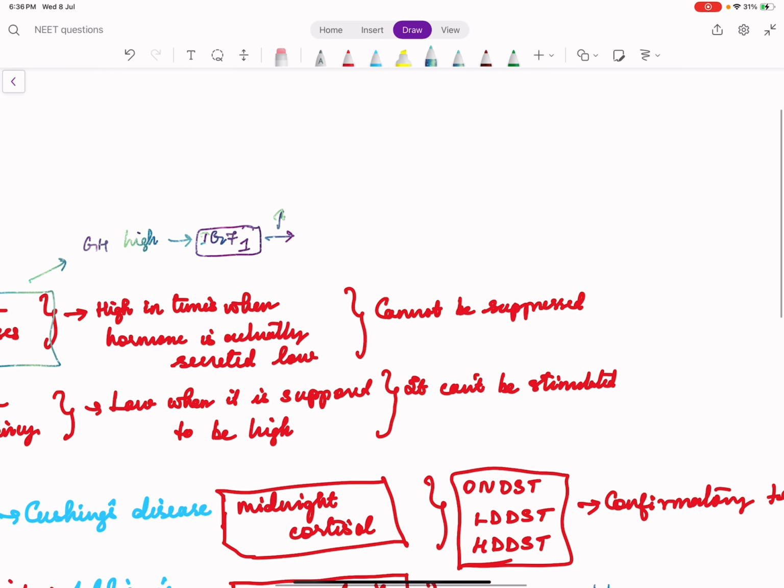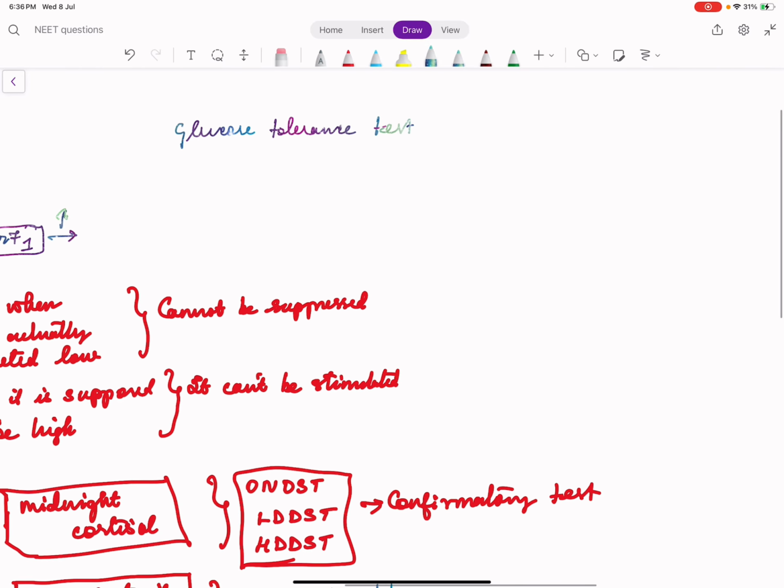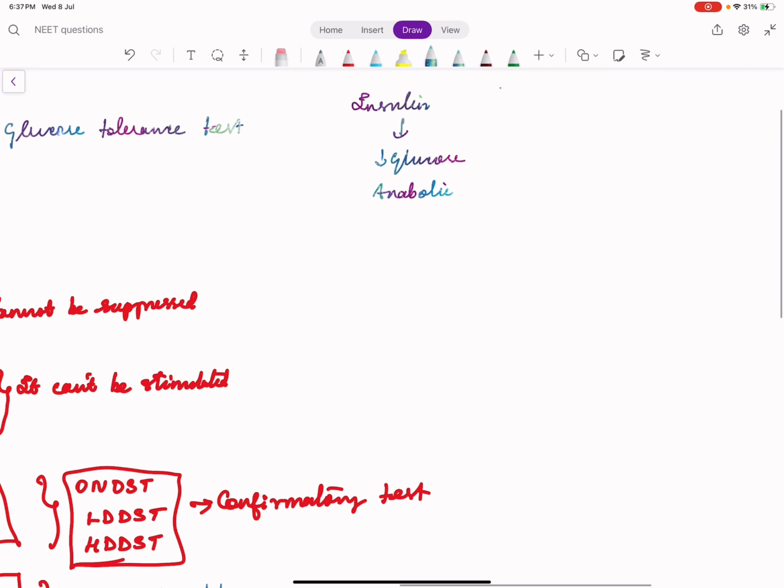There is a test called glucose tolerance test. If you could remember, insulin is the only hormone which reduces glucose, or insulin is the only anabolic hormone. This you would have discussed in your biochemistry.